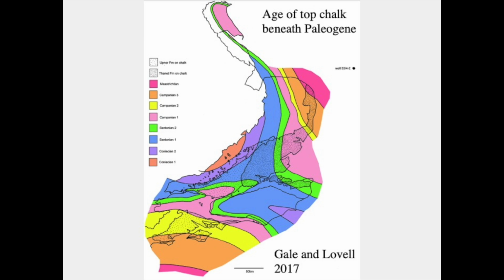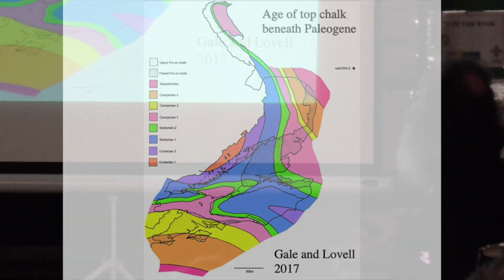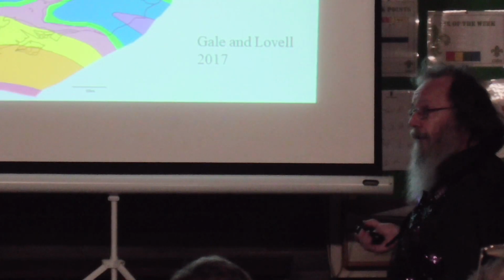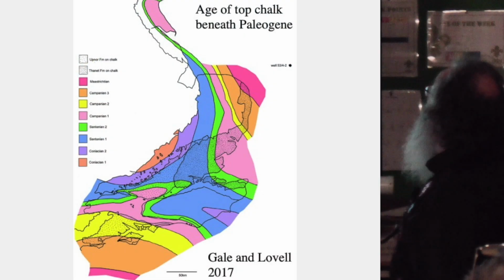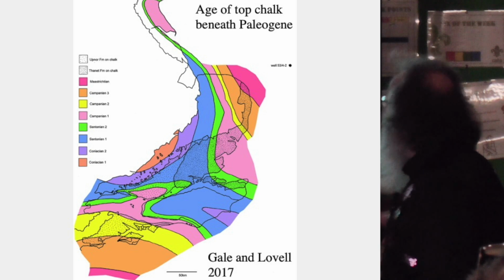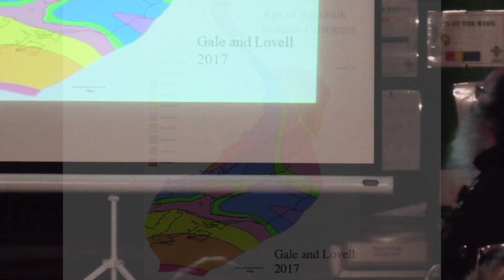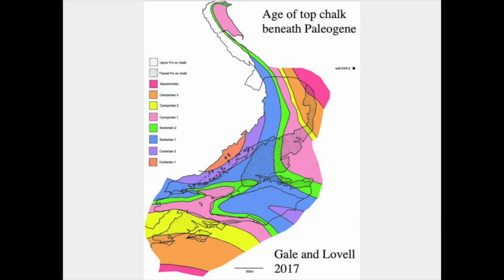That was signed in Maastricht, but these are the youngest Cretaceous, here in northeast Norfolk going into the North Sea, and here in the mid-channel, and then the oldest are in this area of the Chilterns here, probably extending up into Yorkshire. So it looks like the deformation of the chalk fits this story as well. But you have to remember these dips are really, really tiny.